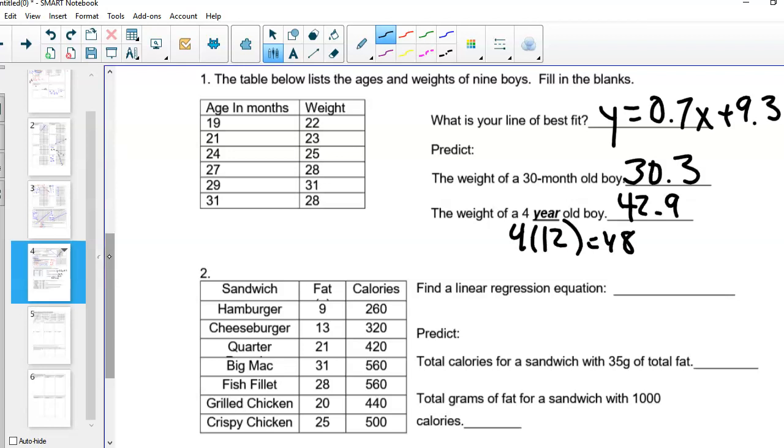Questions on our line of best fit stuff? After you put it in this table, you could put it in.